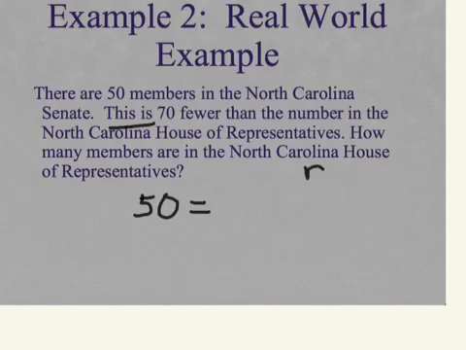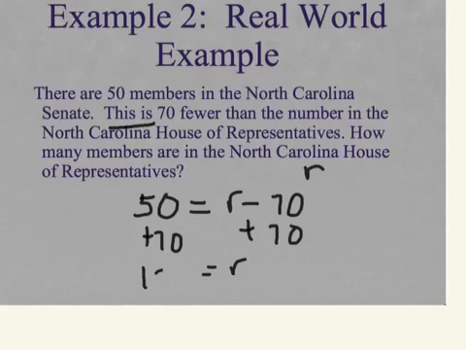So let's let R represent that number of people in the North Carolina House of Representatives. We know that if 50 is 70 fewer, that means 50 is equal to R minus 70. And with some quick mathematical skills, we can add 70 to both sides and see that there are 120 members of the North Carolina House of Representatives.